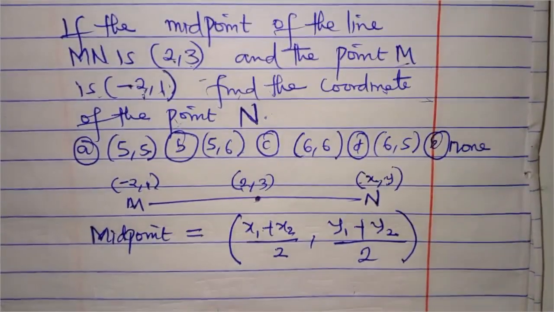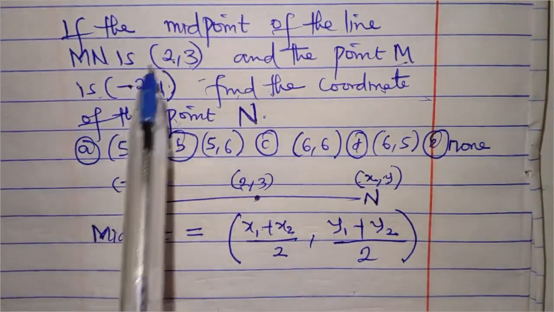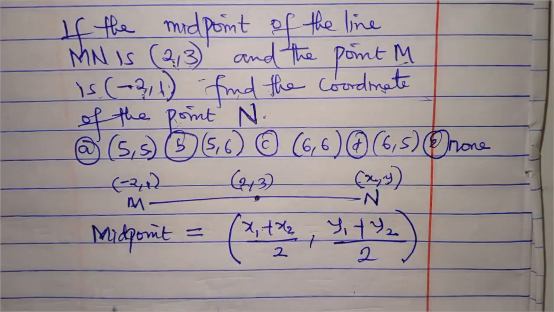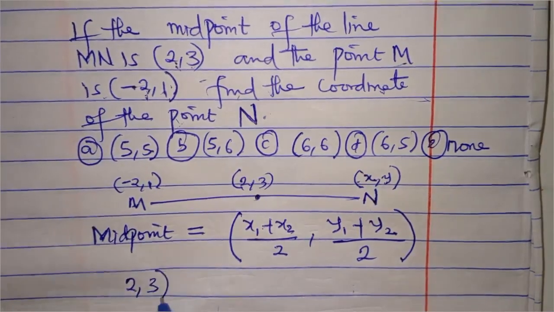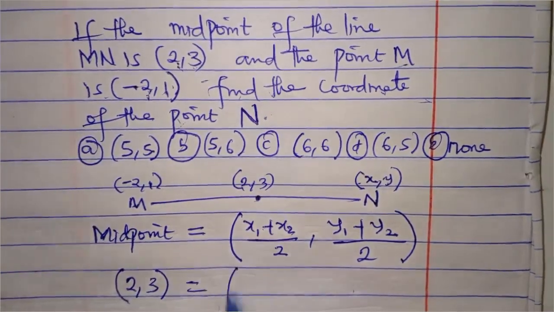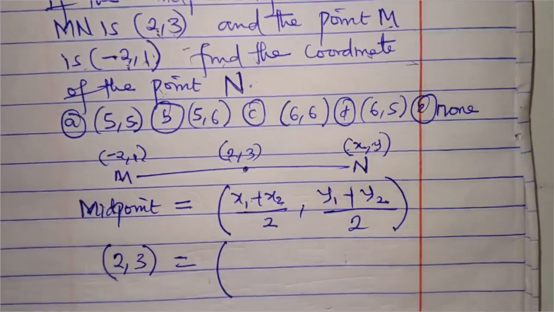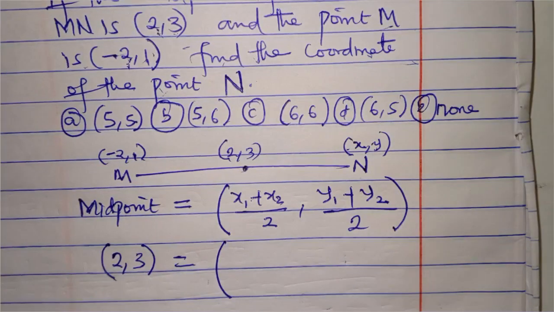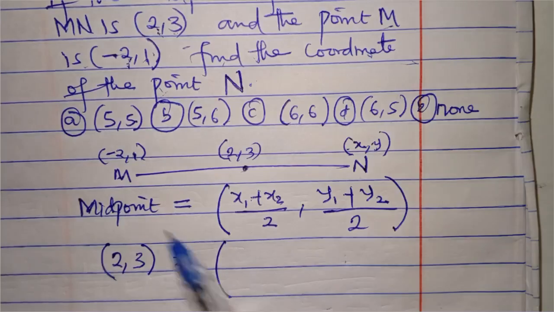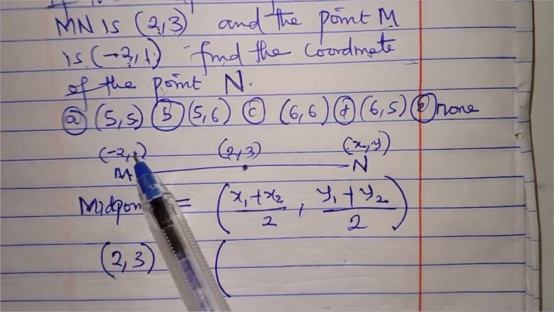So the midpoint has been given. It is this. So I'll write 2, 3 is equal to, what is x1, what is x2, what is y1, and what is y2?